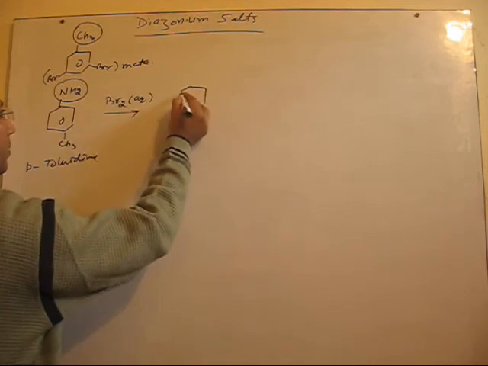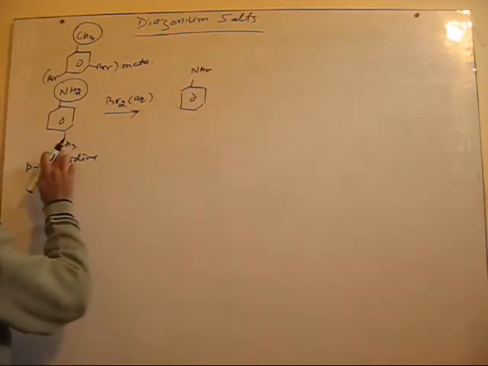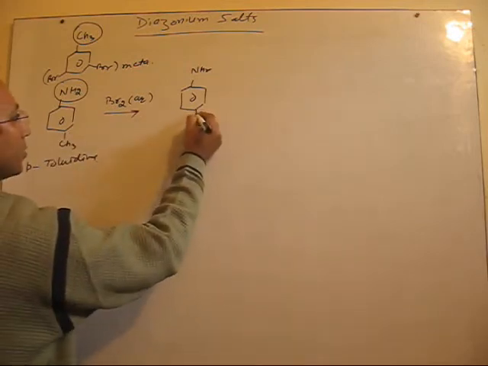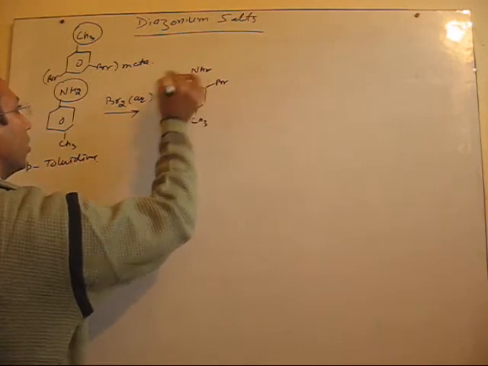So there will be bromine at all available positions, ortho and para, but the para position is already occupied, so there will be Br at all the available ortho positions.